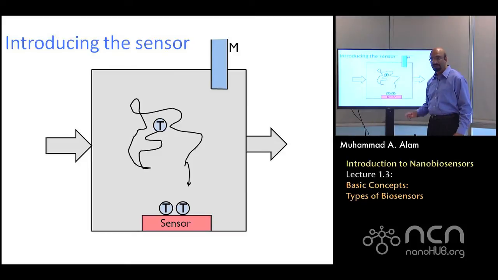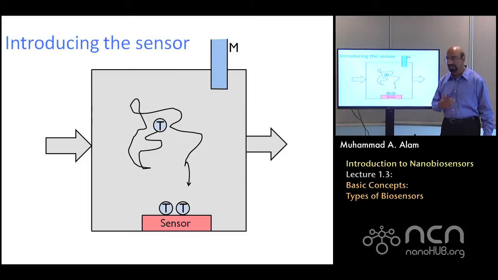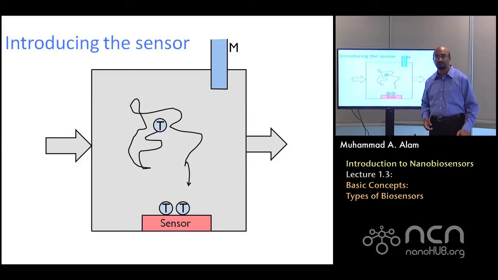Now the sensor, this red sensor on the bottom, must be able to recognize this target molecule. There must be some aspect of it, whether it's the mass of the molecule or the charge of the molecule or electron affinity that it will be able to detect, and then correspondingly convert it to something that we can measure. For example, current or voltage or displacement, something like that. That's the method of transduction.